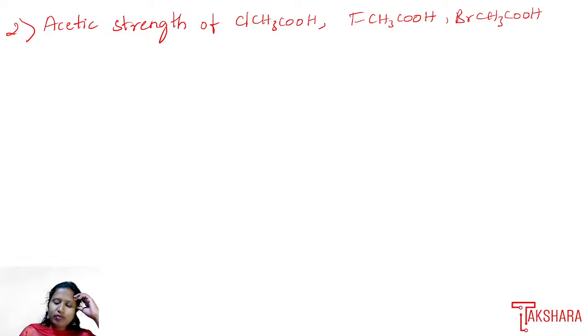So here, the acidic strength of the halogens is in the order of first fluorine atom, then chlorine atom, and then Br.